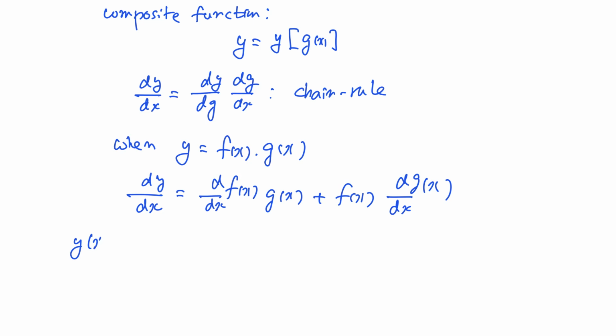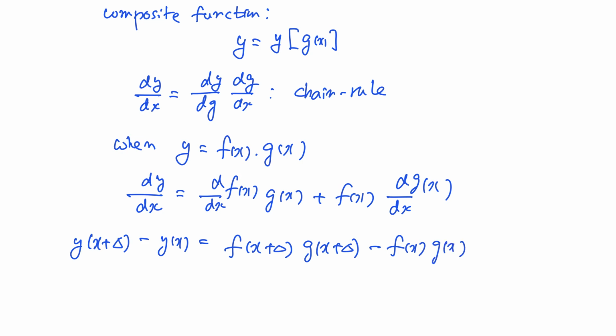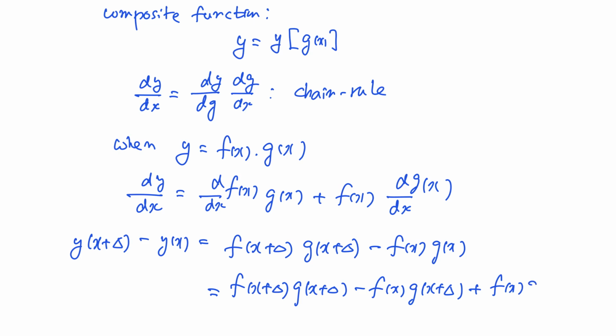y(x plus delta) minus y(x) is given by f(x plus delta) g(x plus delta) minus f(x) g(x), which is actually, what you can do is we subtract this and add the same thing without changing anything, right?